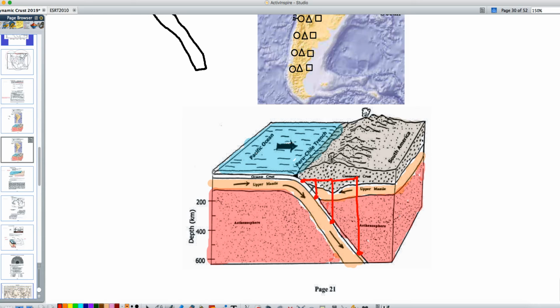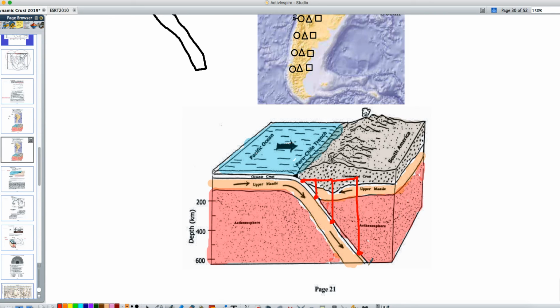This is how we have a sense that there must be subduction going on beneath that continent. Because what happens with an earthquake? An earthquake is when something that should be sliding past something else gets stuck. And we can figure that the depth of that contact is getting deeper and deeper. That's how scientists know that subduction occurs at a convergent boundary like this.